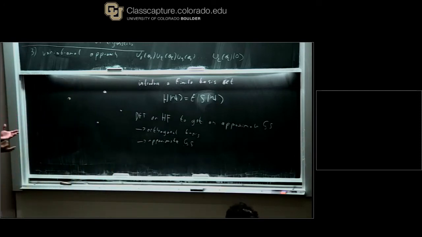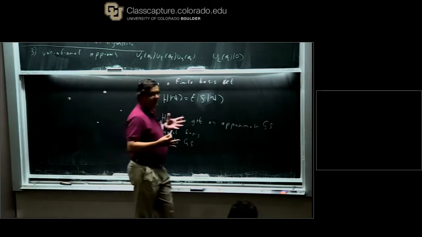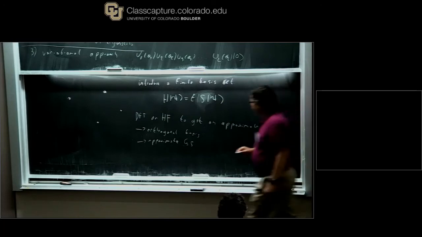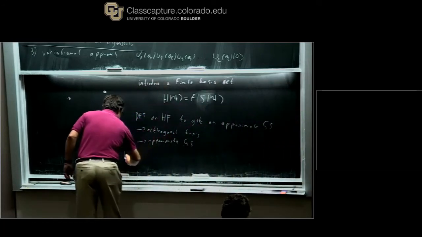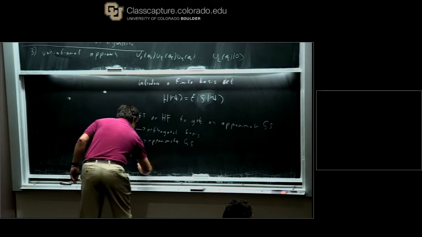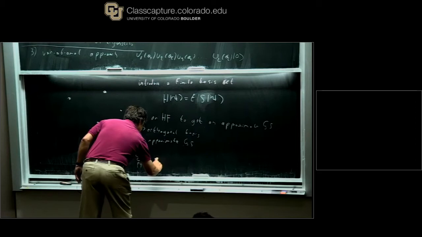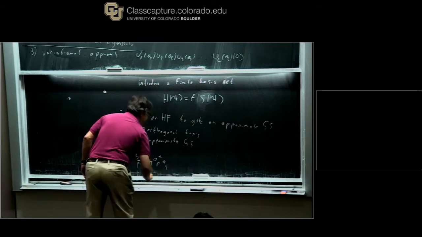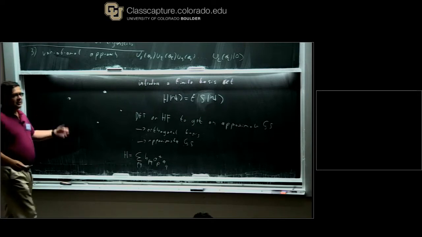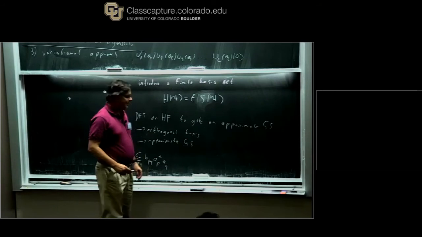And now I need to write down the full Coulomb problem in that basis. And that has a pretty simple form. The form is H equals a one-body term, this is the sum over P and Q of some constant H_PQ times A_P dagger A_Q, where A_P and A_Q are the fermion creation and annihilation operators, and P includes the orbital and the spin index.